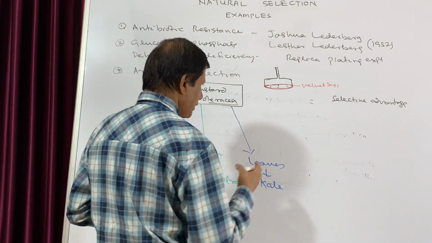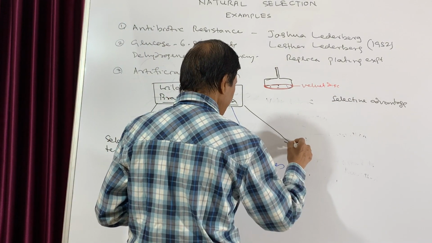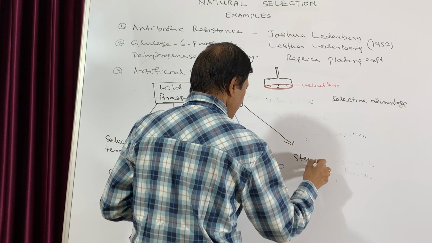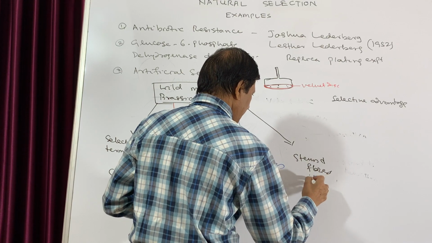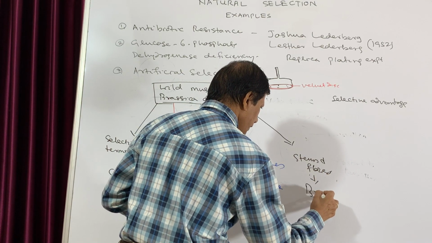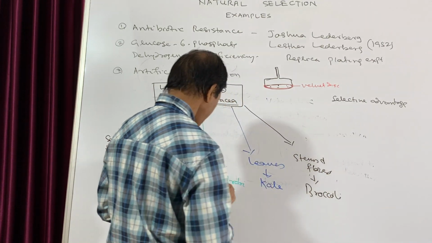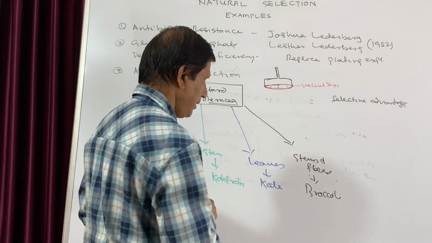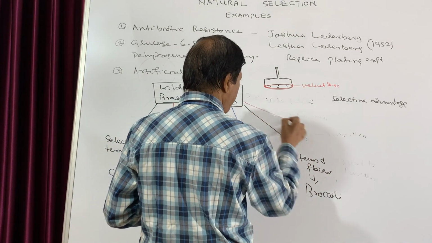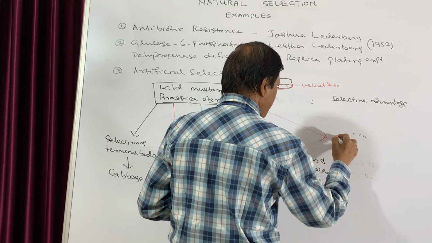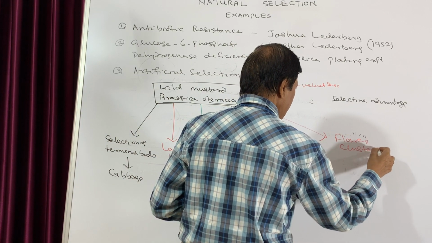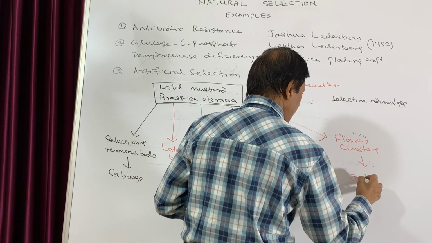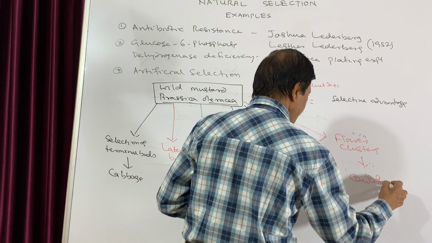When the stems and flowers are selected, then broccoli is obtained, and when the flower clusters are selected, then cauliflower is obtained.